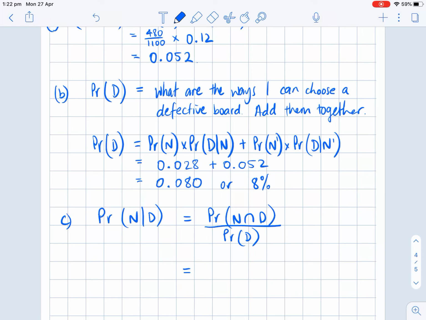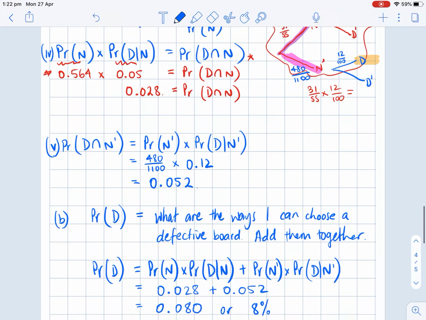So from the new machine and defective, that is 0.05. Remember, I've got to use a decimal, not a percentage, divided by the probability that it's defective, 0.08, which is 518. And that's the end of the question.